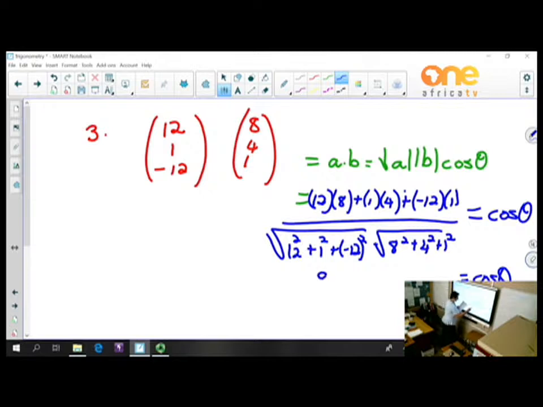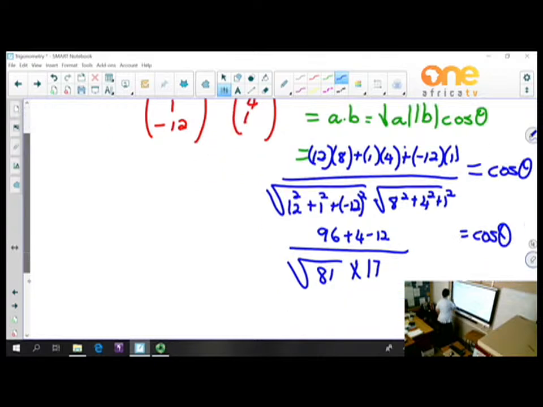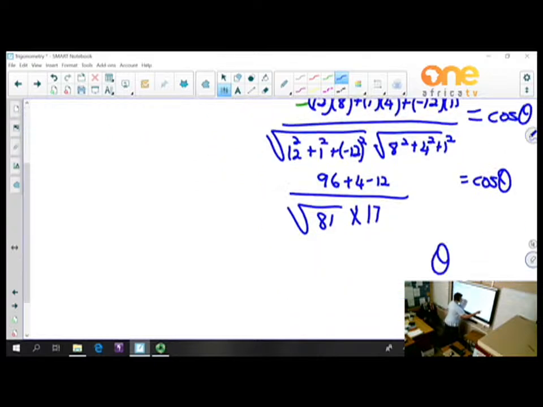This is then 96 plus 4 minus 12 over the square root of 81 times 17. We already got the square root there. And then second function cosine, and the answer of theta is 54.9 degrees. So it works exactly the same with 3 dimensions.